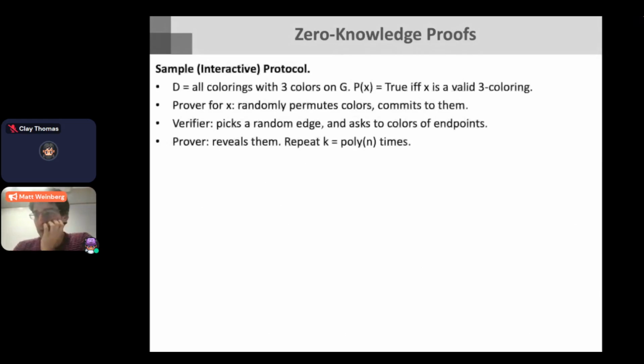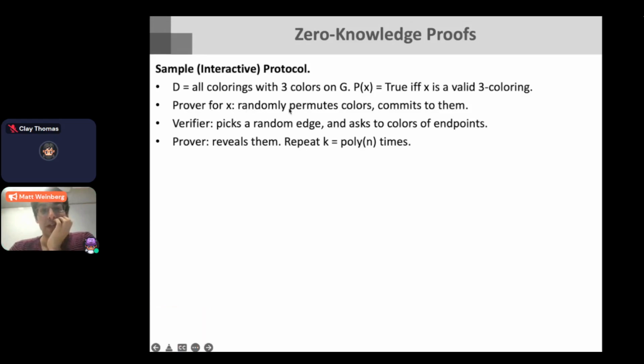And what I want to do now is give you an example of an actual zero knowledge proof, just to let you see it. Say that the domain is all colorings with 3 colors on some graph, and the predicate is true if it's a valid 3 coloring, right? A valid 3 coloring means that for every edge, the 2 endpoints should have a different color. So here's what the prover does.